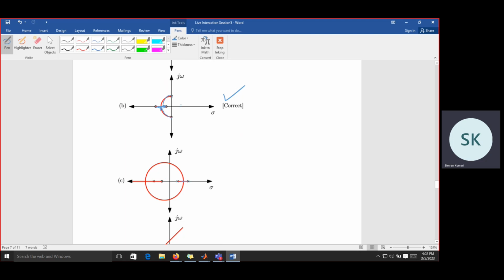So this part will be in the root locus because there is an odd number of poles and zeros to the right. Now this part will not be on the root locus because the total number is 4. So 3 poles, 1 zero. So that means this is not a correct or valid root locus plot.